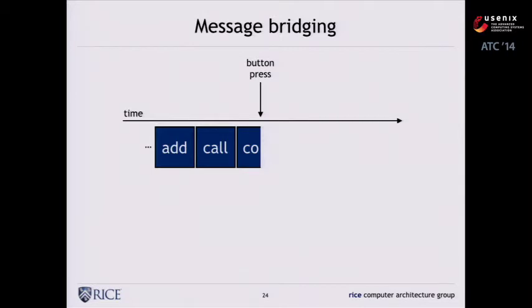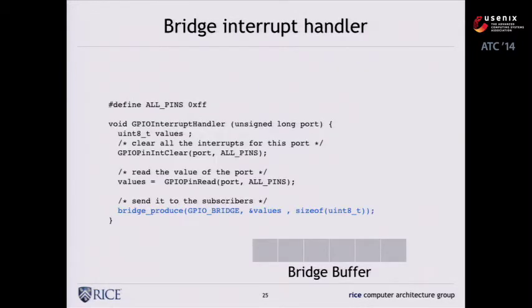And instead of switching execution to a whole different thread, I stop and I execute a very short interrupt service routine that just takes a record that the event has happened, and copies it into a fixed size buffer. So right here, I'm showing the entire C interrupt handler to take an I/O event, a button press, and turn it into a software message.